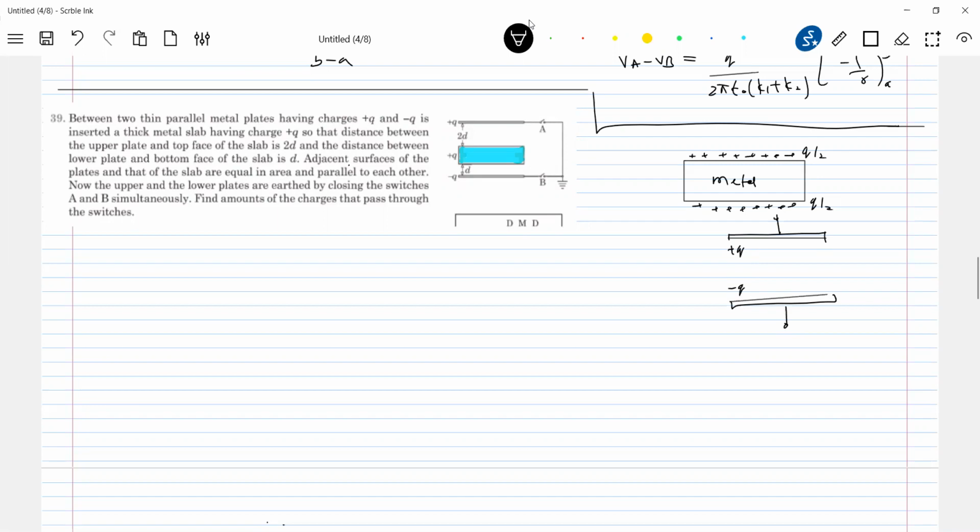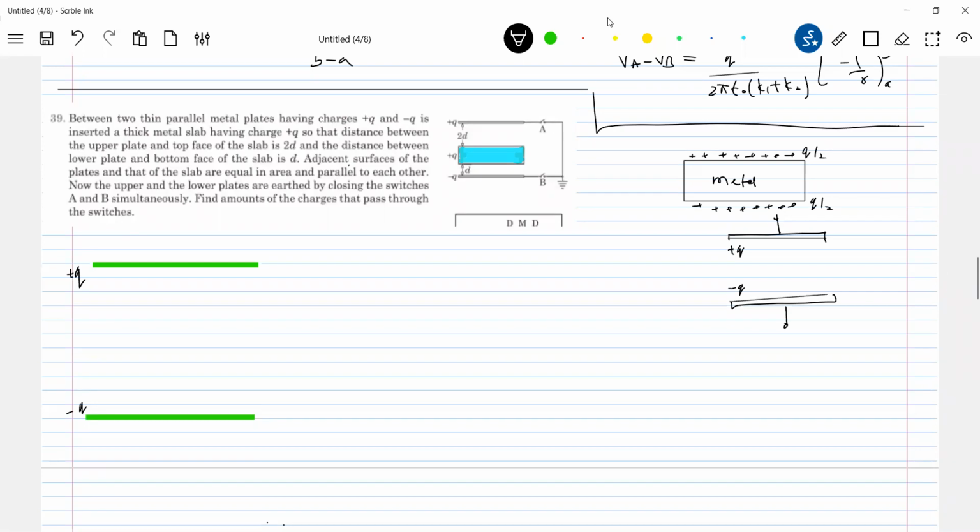This is the plate. I'm not going to close the switch. Initially, this is the case: plus Q and minus Q. Now a metal plate is brought here.